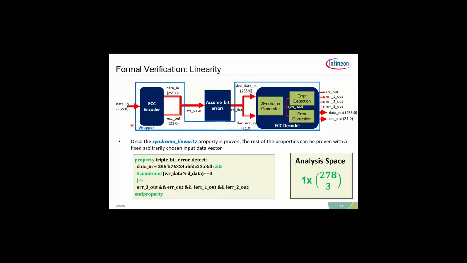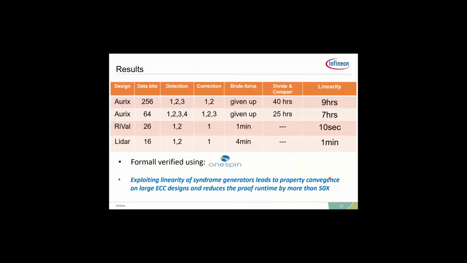So for this input data, we can assume any arbitrary random vector, and then we can have the original property here. For the same property, the analysis space is reduced by a factor of 2 to the power 256. This analysis space is quite reasonable for any formal tool, and now the property holds within less than 2 hours. And these are some results.